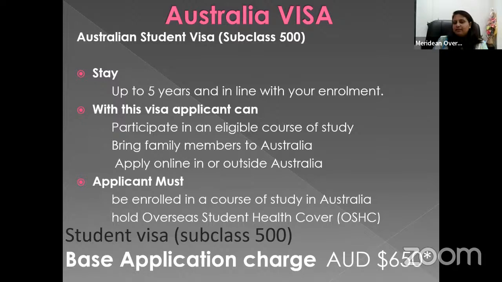We can bring our family members to Australia. We can apply from inside or outside Australia. For applying for a visa, we must have health cover insurance for the entire duration of our study. The base fee of the Australian visa application is 715 AUD. Earlier it was 650, but from 1st of July it has changed.